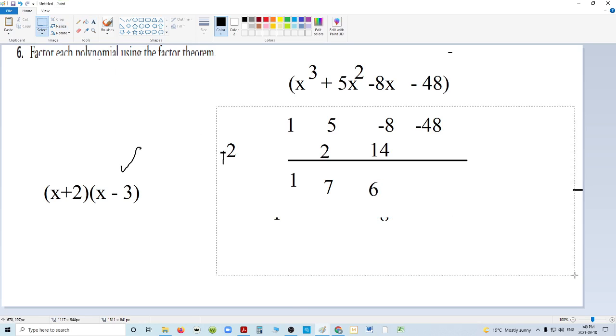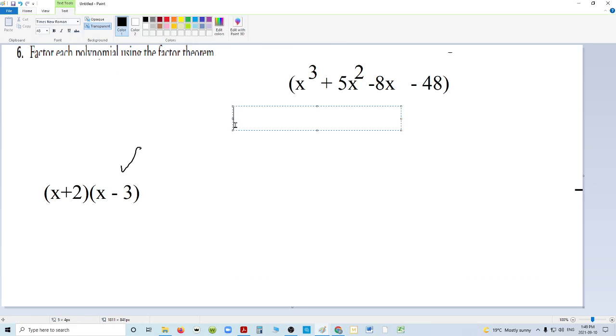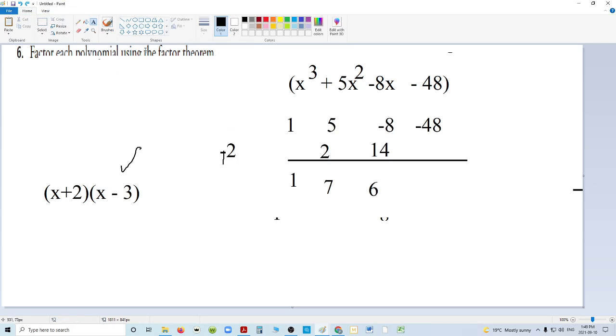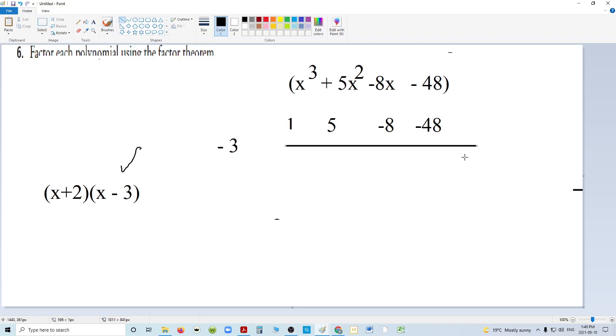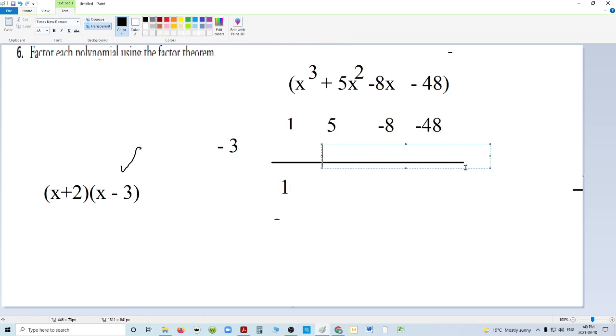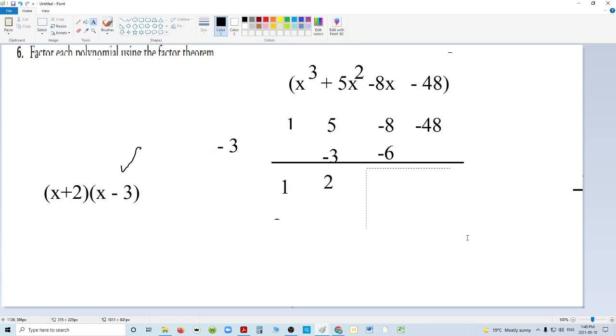Let's just, in case I made a mistake, rule out the 3 using synthetic division. And actually I'm going to keep those numbers there. And I'm just going to try minus 3 as a root. Okay, we got 1 here. Minus 3, add them together, 2. Multiply, minus 6, add them together, minus 14.